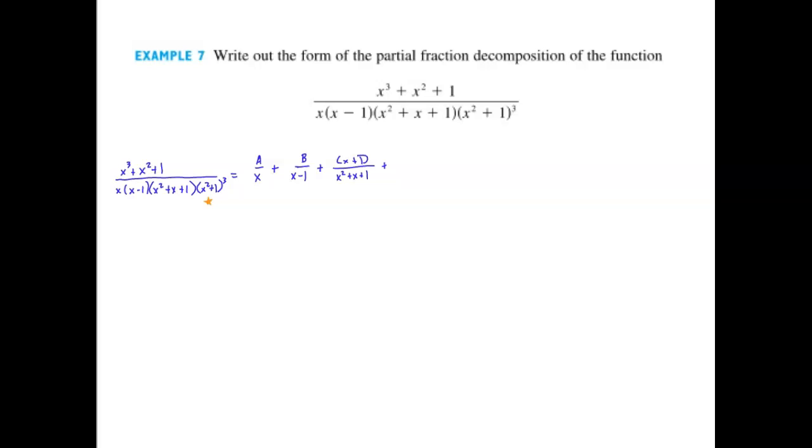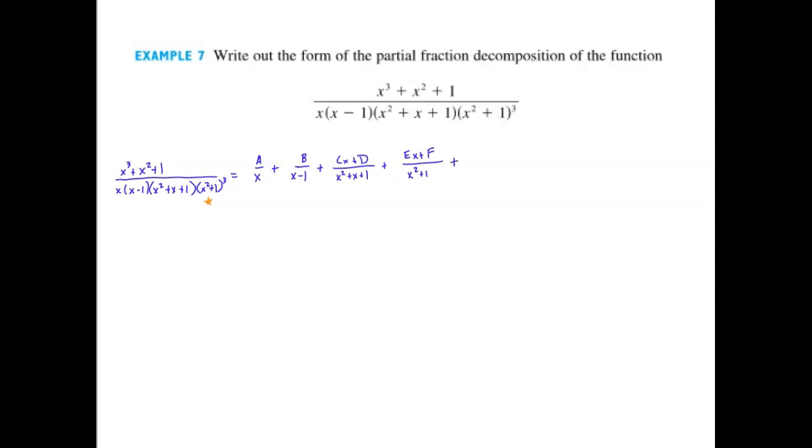So Tommy, what do you think this next one would be? Ex plus F over x squared plus 1. You got it. Ex plus F over x squared plus 1.